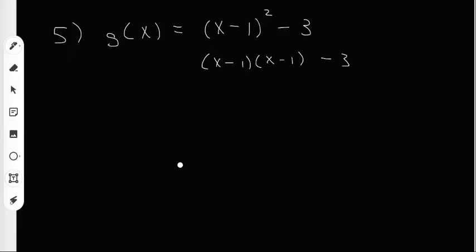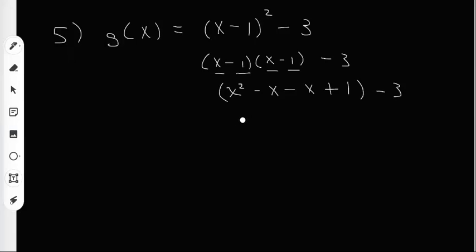If I was to multiply x minus 1 by itself, I would get x minus 1 times x minus 1. Now, using the FOIL method, I can multiply the first 2 terms to get x squared, the outer 2 terms to get negative 1x. The insides give me the same thing. And then if I multiply negative 1 by negative 1, I get positive 1. And then the last thing I do is I put the negative 3 on the outside.